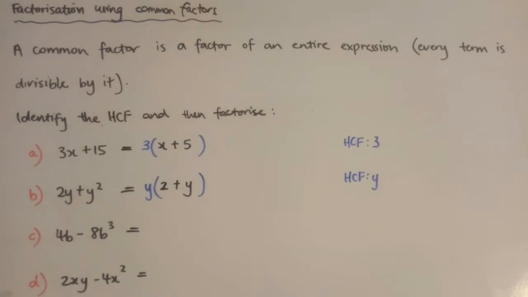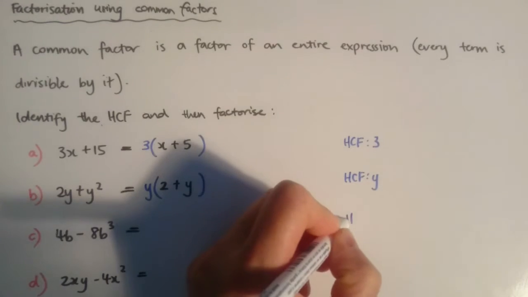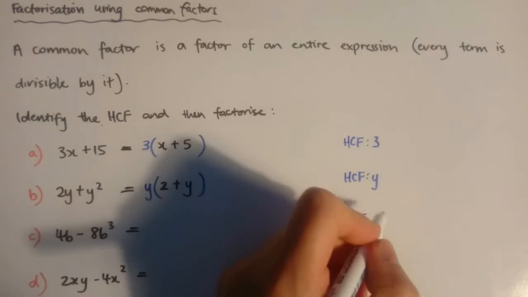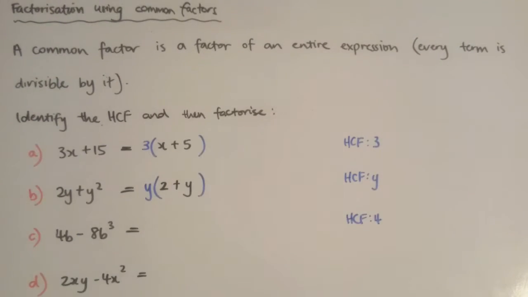Third one, 4b and 8b cubed. Here we're going to look at the coefficient and the pronumeral part separately. If we look at the coefficient first, we've got 4 and 8, and we can see that 4 is going to go into both of them. If we look at the pronumeral part, we've got b and b cubed, and b is going to go into both of them.